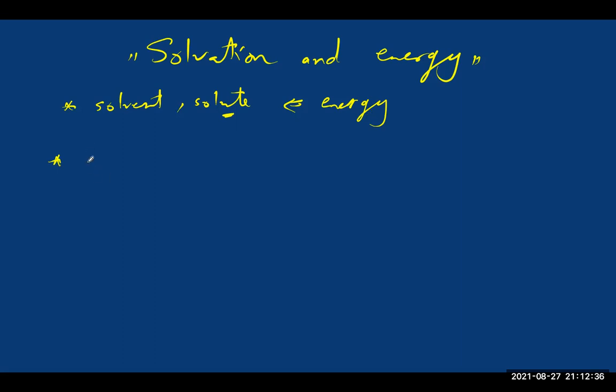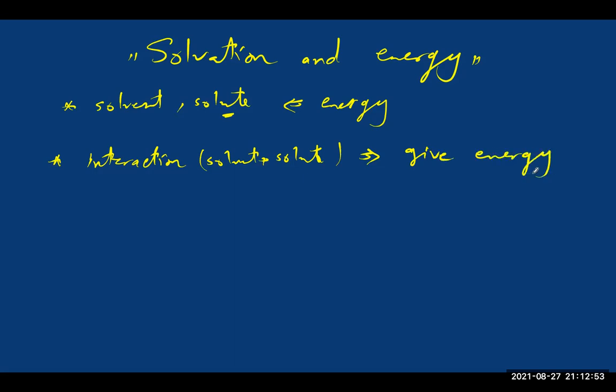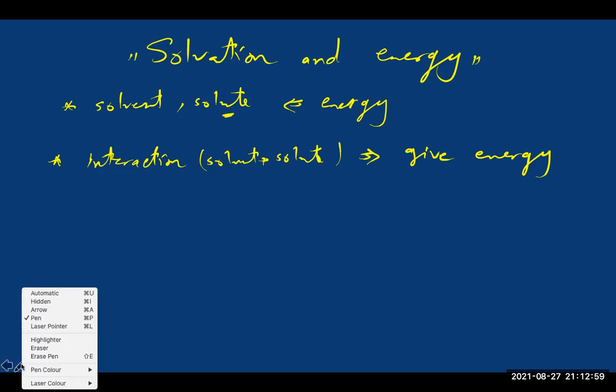And the second one, we will form an interaction between solvent and solute. And if we form a bond, it means this one will give energy. So we have two steps. The first one, we need energy, and the second one, it will give energy. So let's see an example for this one.